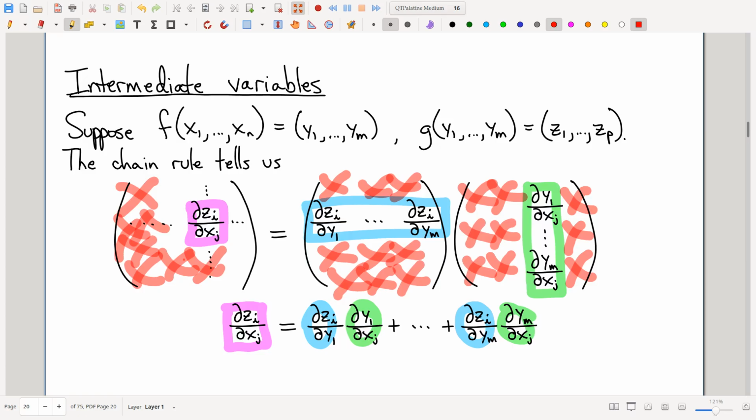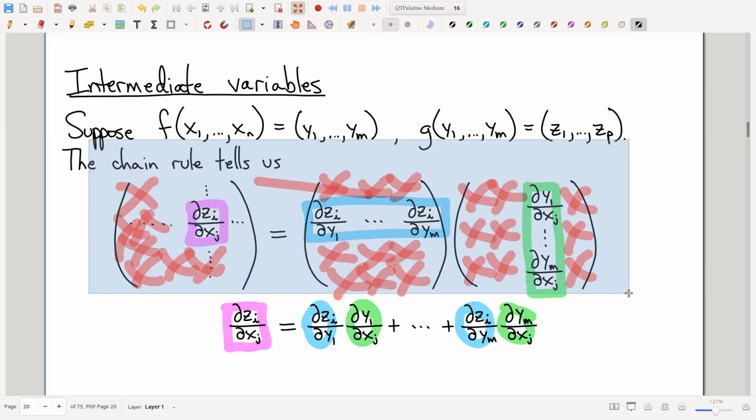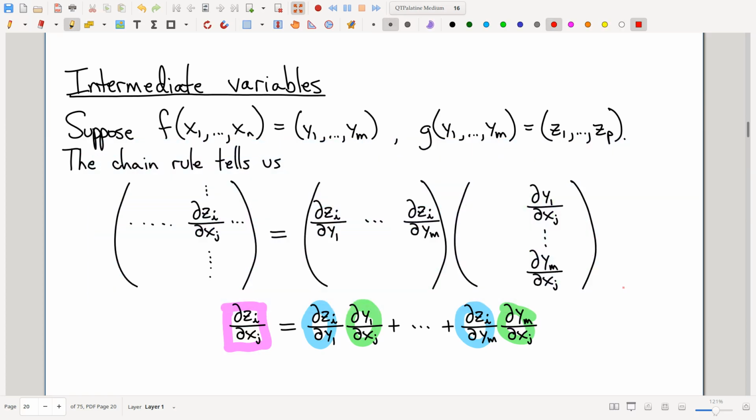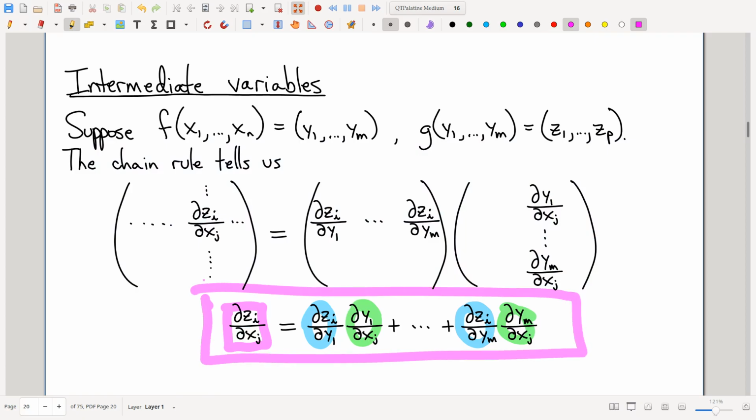I like to think of this as a secondary formula. This is presented in a lot of books as the multivariable chain rule, and again, it has its moments. Anyway, I like to think of it as the second version of the multivariable chain rule. It's just matrix multiplying what we already knew.